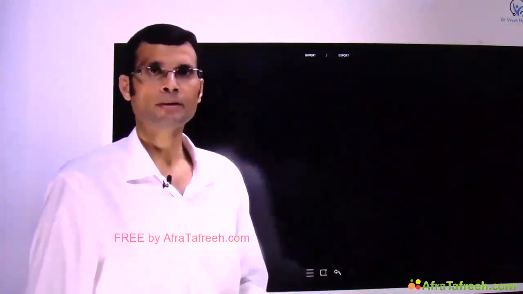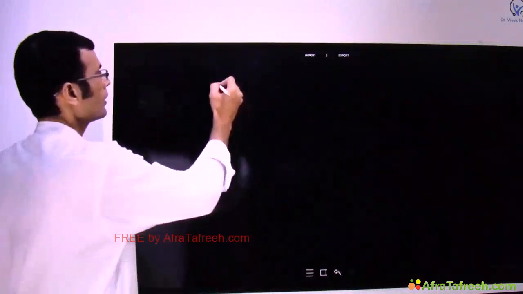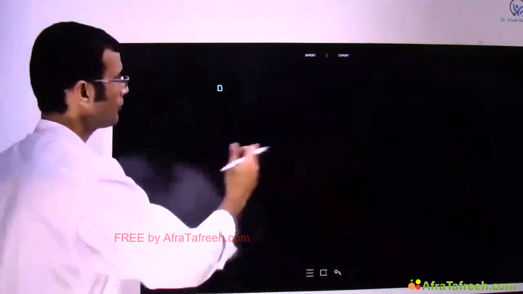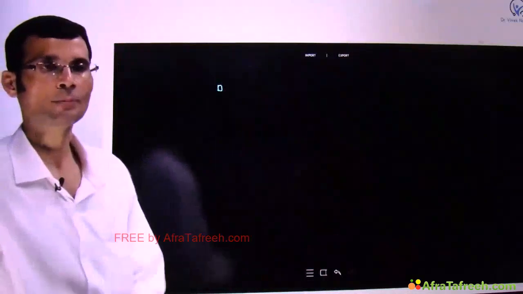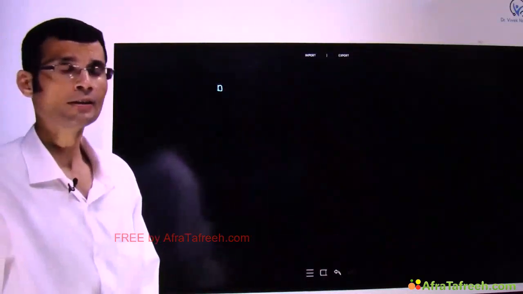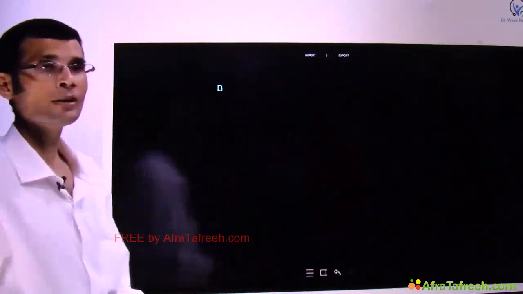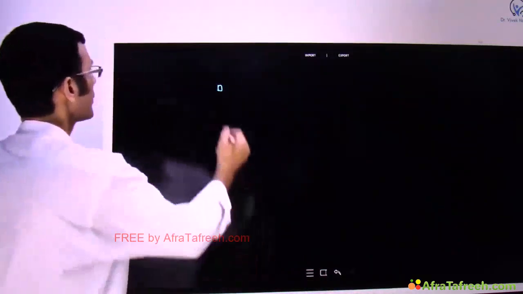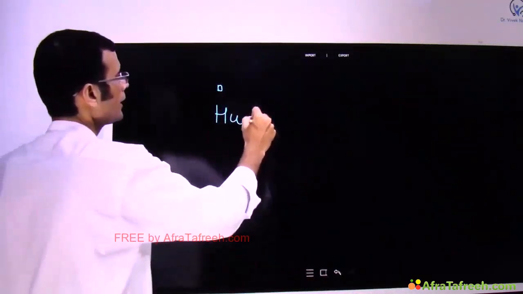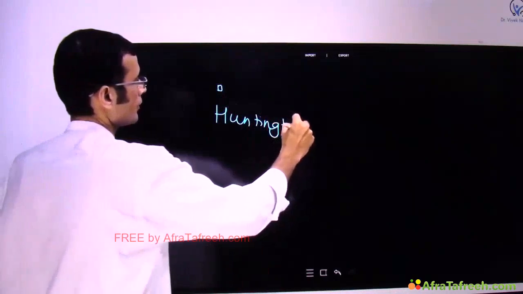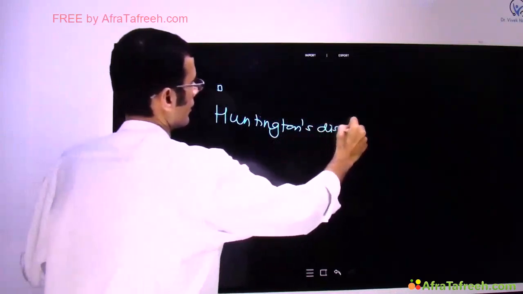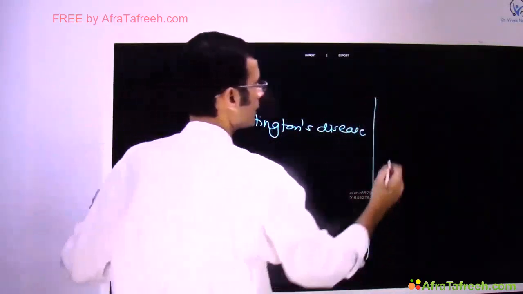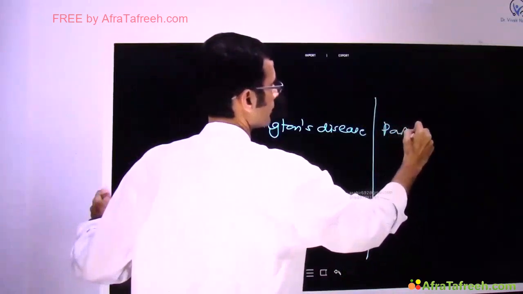Apart from this, a few more points that may be remembered: there are two types of diseases related to the basal ganglia. The lesions of the basal ganglia result in two types of diseases. One is Huntington's disease and the other is Parkinson's disease.